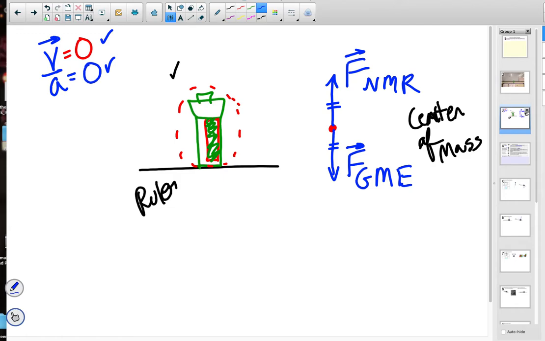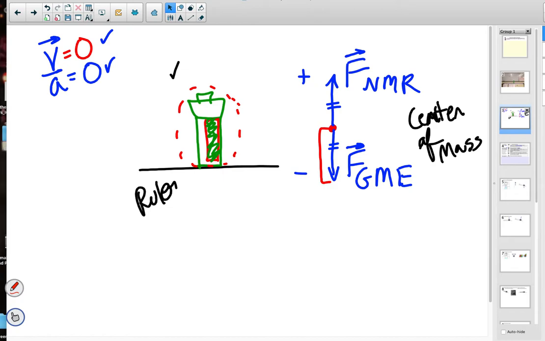Now, what would happen if we said that the upward forces were positive and the downward forces were negative? If we had an upward force that was this big and it happens to be exactly the same size as this downward or negative force, what would happen if we added them together?